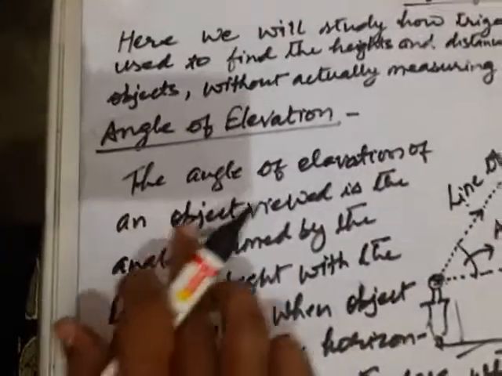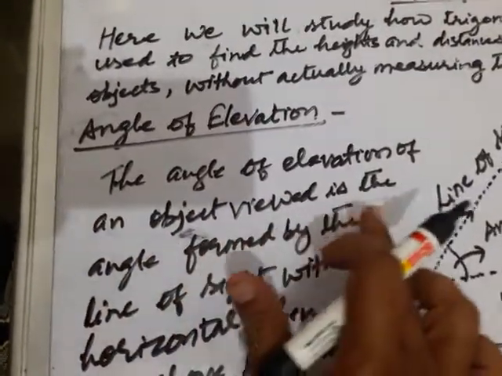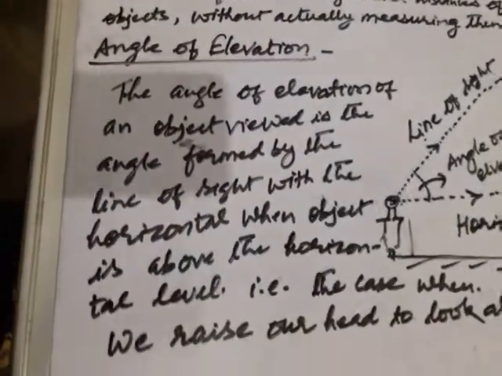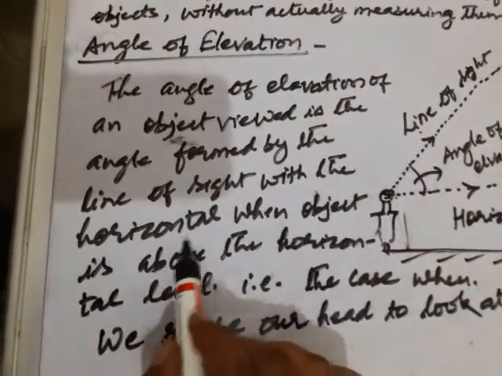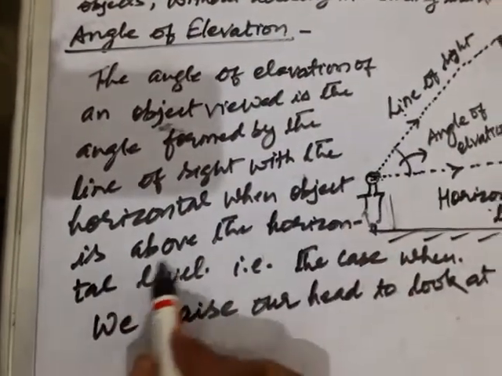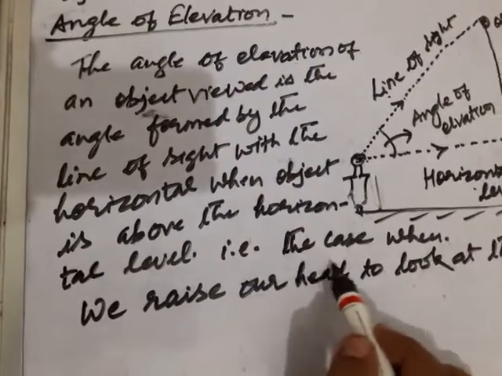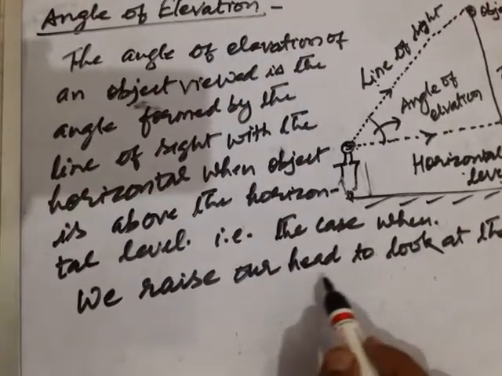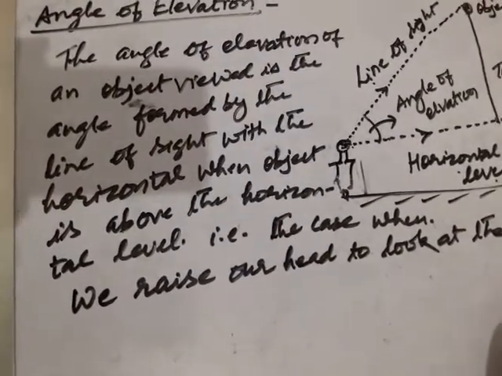Okay children, the angle of elevation of an object viewed is the angle formed by the line of sight with the horizontal when the object is above the horizontal level. That is the case when we raise our head to look at the object.